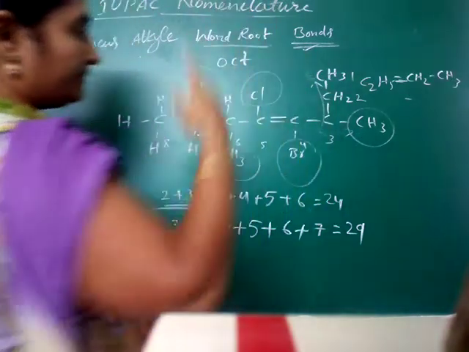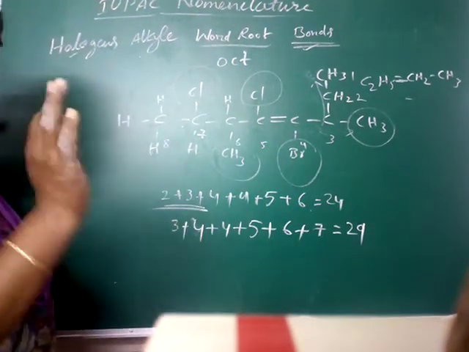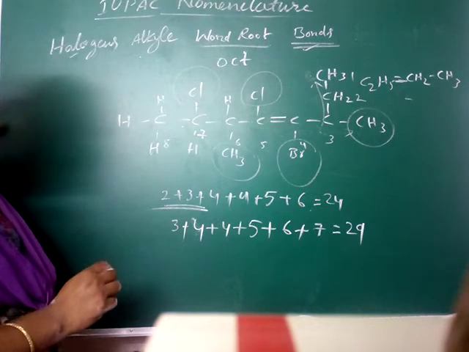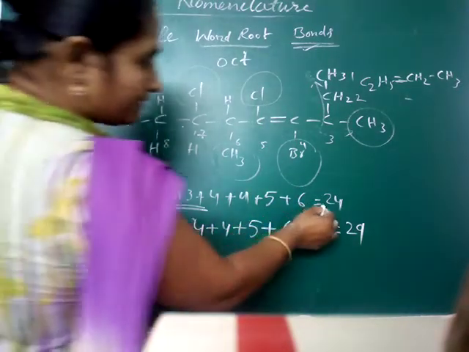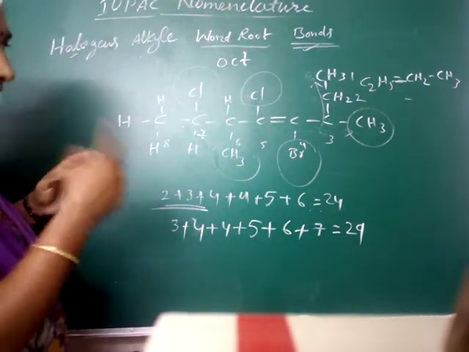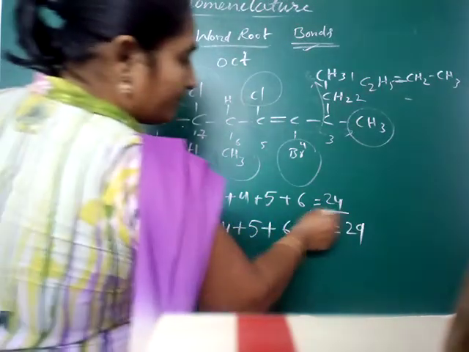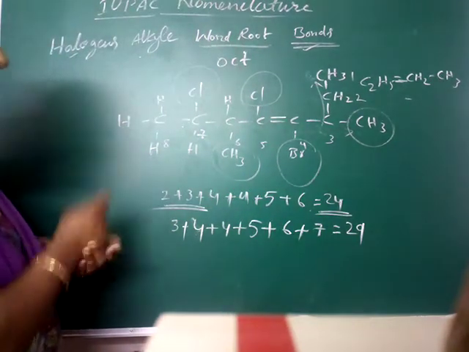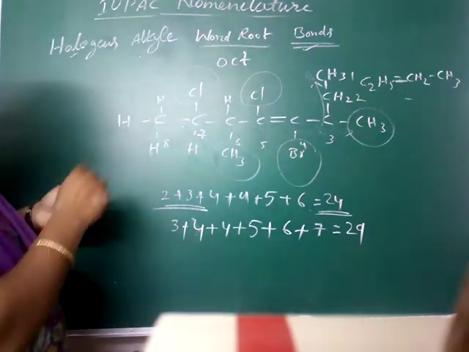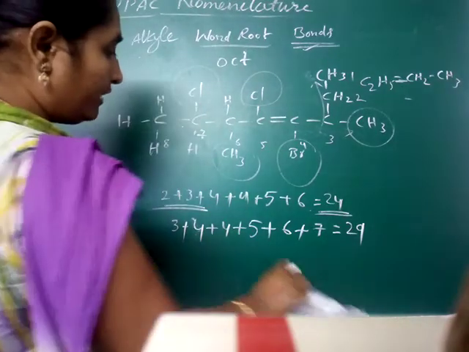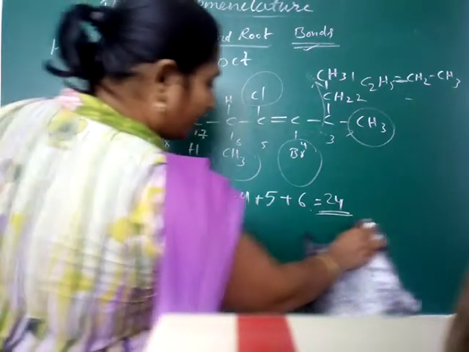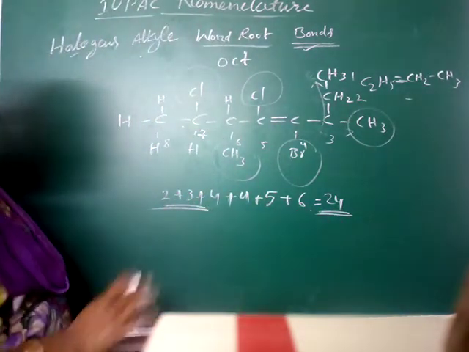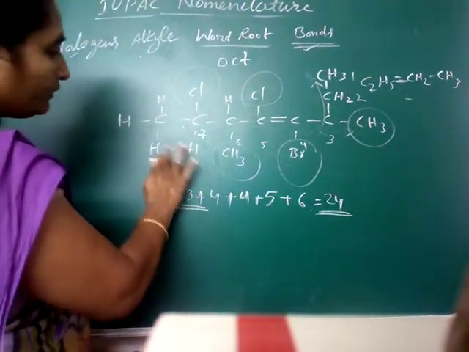This is the only correct way of giving numbering. That means you have to count in your mind which one gives the smallest number when you add the branch carbon numbers. That side only you have to give numbering. That's why you rub out this one.